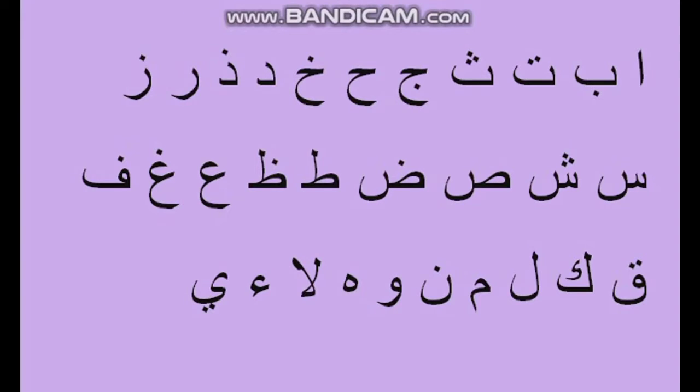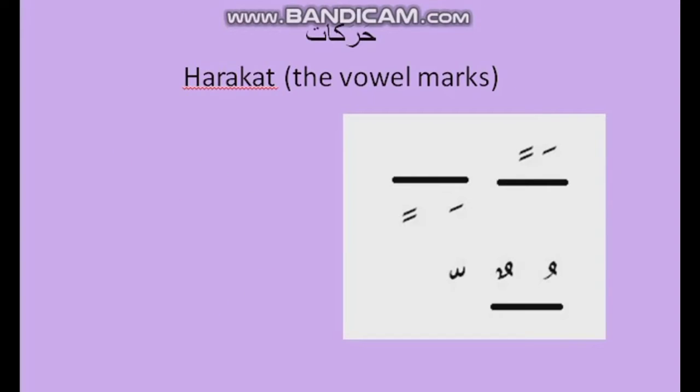We also have harakat. They are called the vowel marks. If this mark is above the letter, it is a; if doubled, an. If below the letter, e; doubled, in. This one is u and un, and then this one is tasdid.